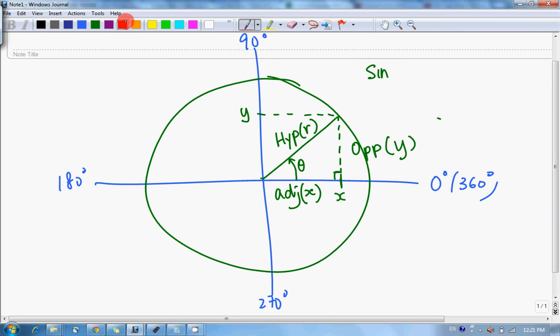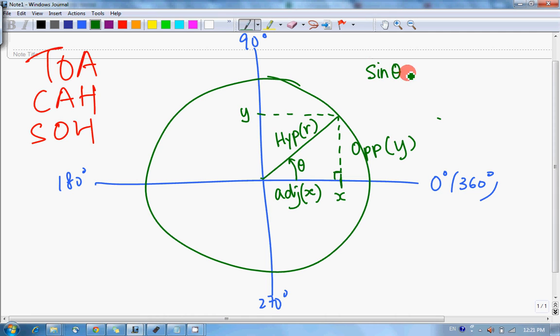Always let's recall SOH CAH TOA. So if I want the sine ratio of this angle, sine theta will be equal to O over H, which in this case, opposite is y, and hypotenuse is r.